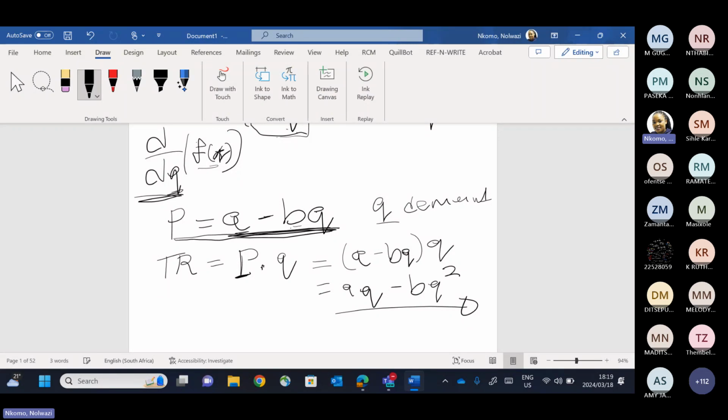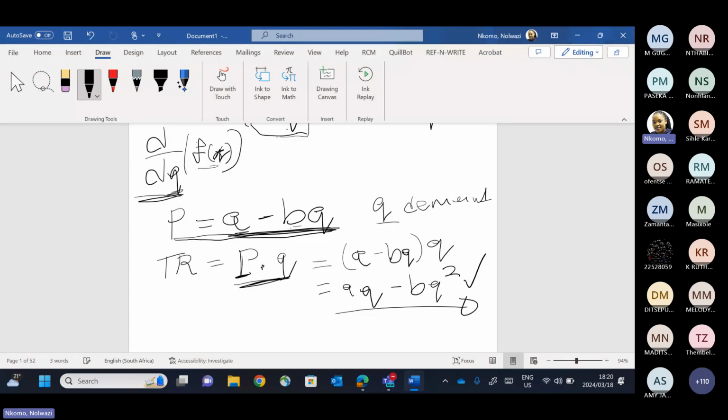Remember, from unit 1, the formula to find the total revenue from the demand function is to multiply that demand function with the number of units demanded, right? That's why we multiply this with Q. But remember, this formula is given in the first unit. Then this is what we obtained.